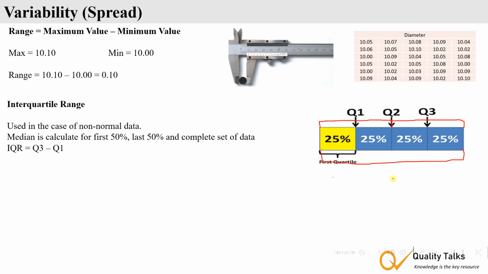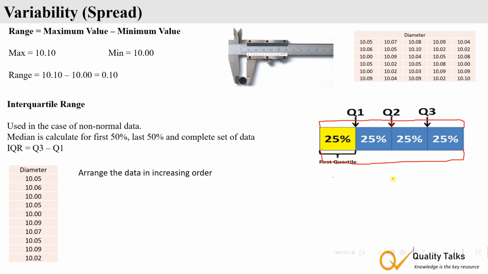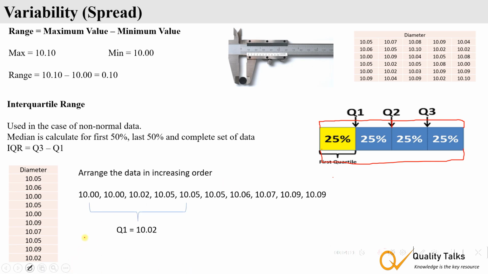Let's take an example where we have these readings. First, we have to arrange these readings in increasing order to find the median. As we arrange the data in increasing order, this is the data where we have 10 readings. The first 50% of data has a median of 10.02. The last 50% of data has a median of 10.07.